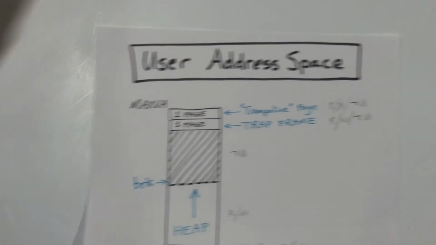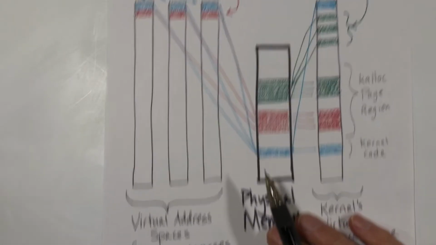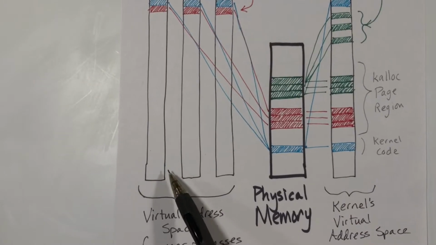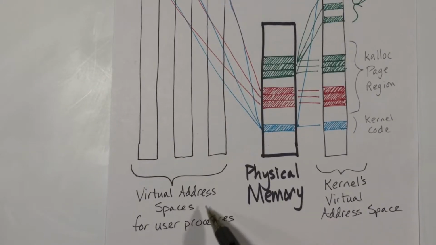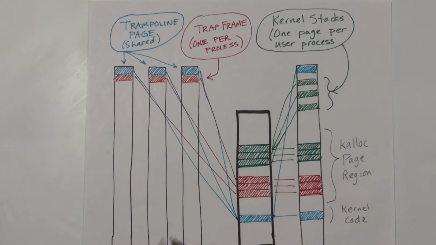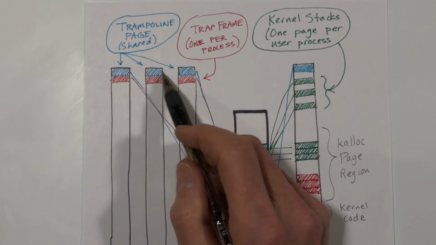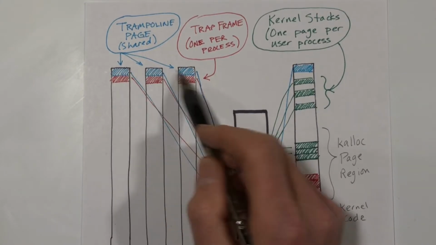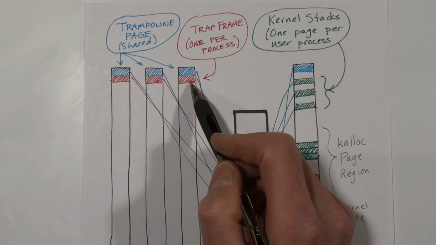Okay, so here is another picture showing what's going on, and I'll come back to this in a second. We've got the virtual address space for all of the user processes. There are up to 64 user processes, and each one will have a trap frame page and a trampoline page. The trampoline in blue, the trap frame in red.